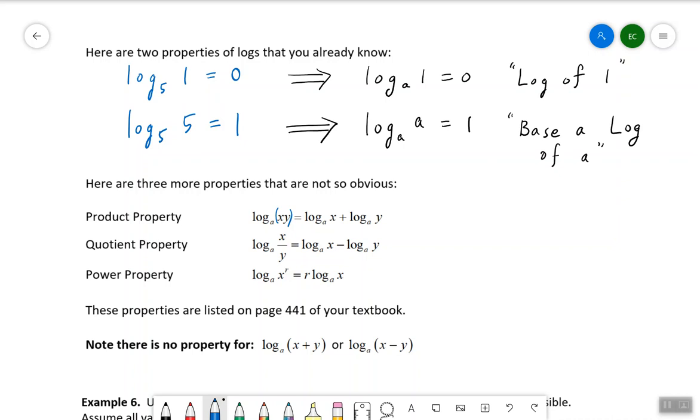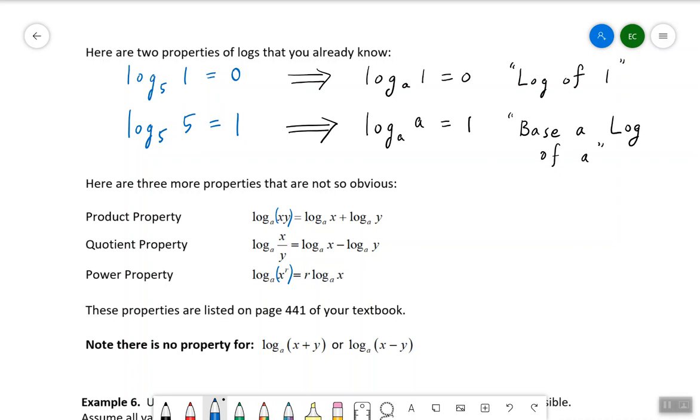And then the last one is the power property, and it just says that if you have the log of x to the r, then that r can come down in front as a coefficient. Okay, I'll actually prove the product property at the end of this video, but for now let's just take it at face value. Actually, let me give you a concrete example that might help you to understand this better.